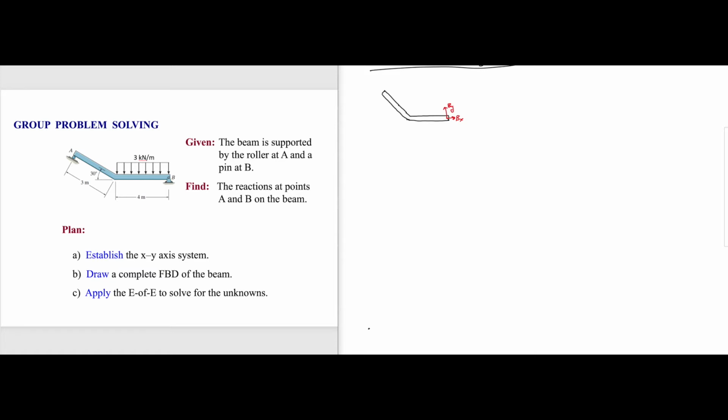And this is going to be normal reaction at A, which is perpendicular to this plane, and this plane is making an angle 30.